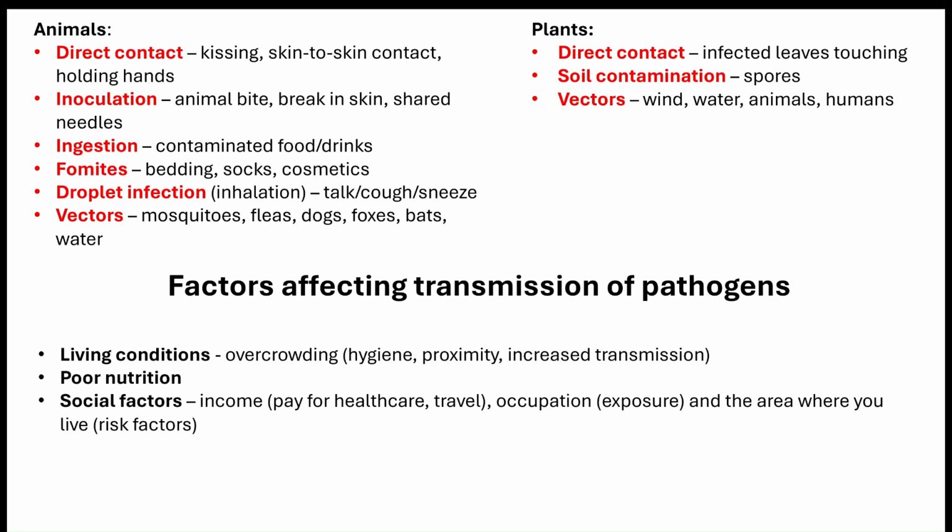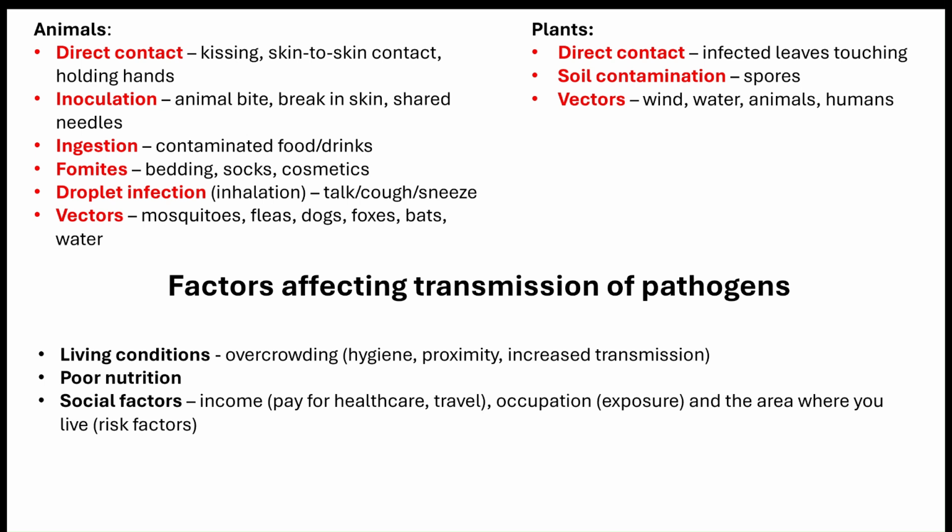Social factors. What is their income like? For example, are they able to pay for healthcare? Do they have access to it? Can they travel to somewhere where they're able to get that care, or are they able to travel somewhere where they may get infected? So for example, when I went traveling around Southeast Asia, there was a chance of me being affected by communicable diseases which I would never have experienced in the UK.